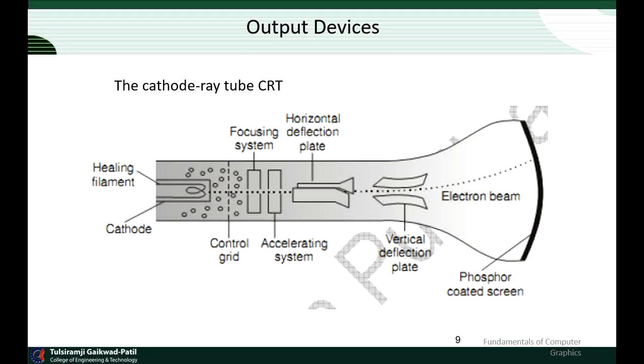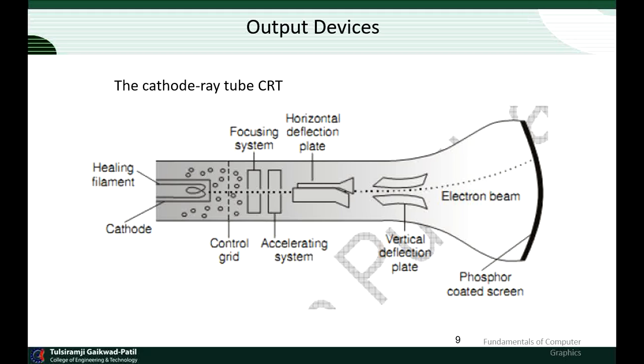One by one we will see how these different parts or components of the CRT output device work to display the image on the screen using the electron beam. The heating filament and cathode are given at the leftmost side of this CRT.